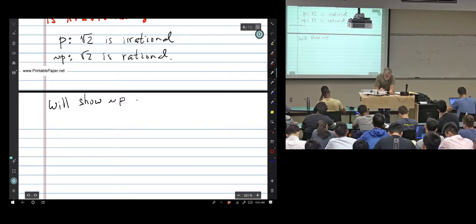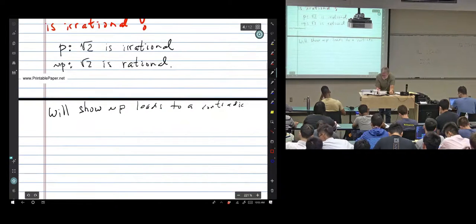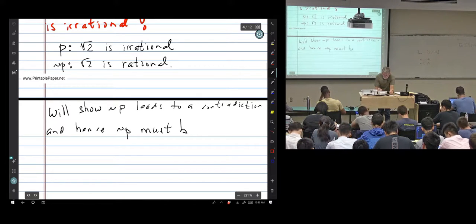We'll show not P leads to a contradiction and hence not P must be false.